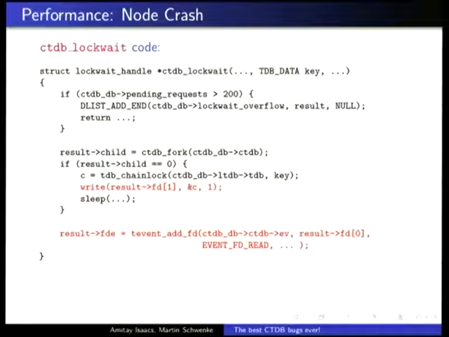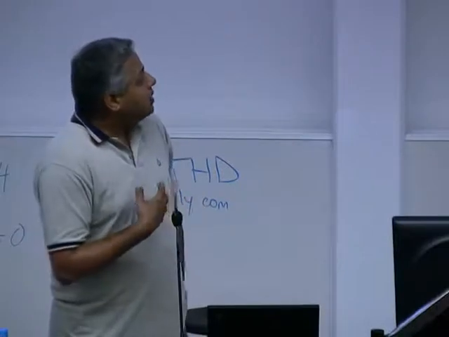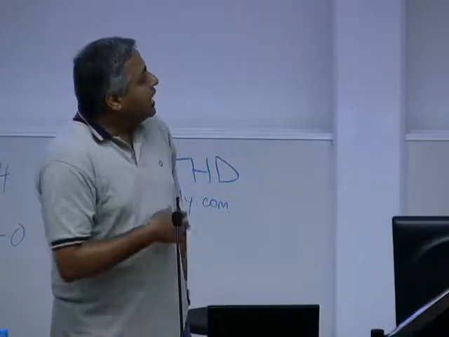Once the chain lock returns, we write the result, which is just indicating to the parent process on a pipe between the child and the parent that we got a lock. And in the parent process, we have registered this pipe with tevent, saying that if we have any data on this pipe, call the function which will handle it and actually do something.